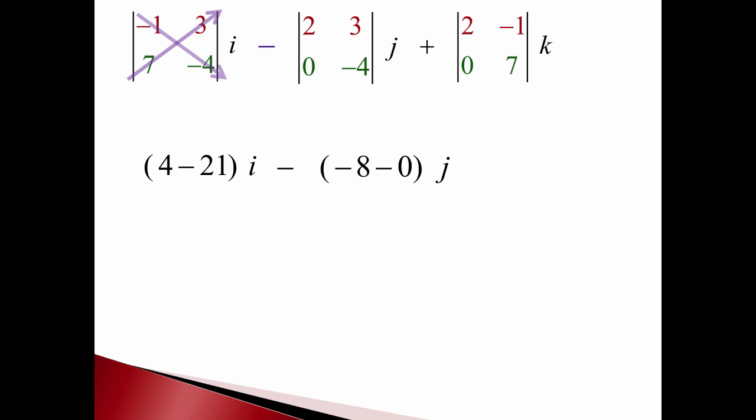And again, there's an extra minus sign in there because it's the middle term in doing the 3 by 3 determinant. Then I have 2 times 7 minus 0 times -1. Okay? That gets multiplied by k. And you do the arithmetic and out pops something like -17i plus 8j, then plus 14k.